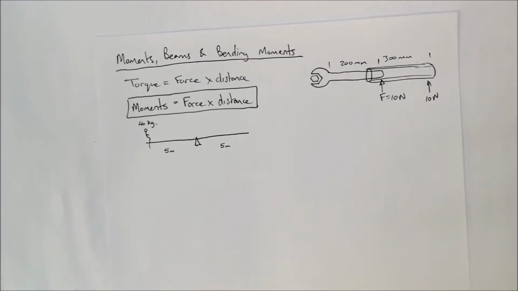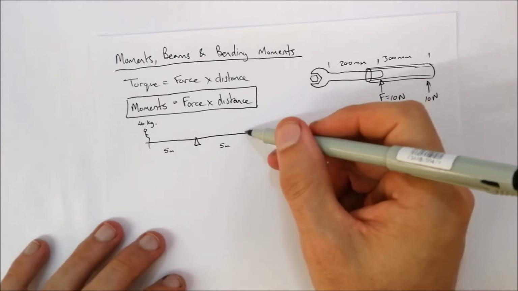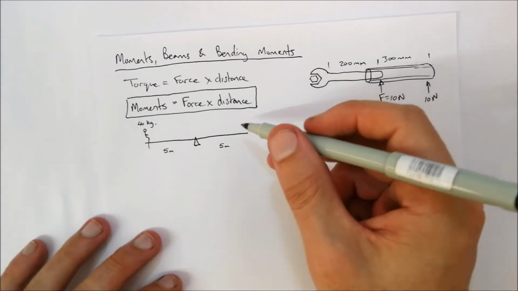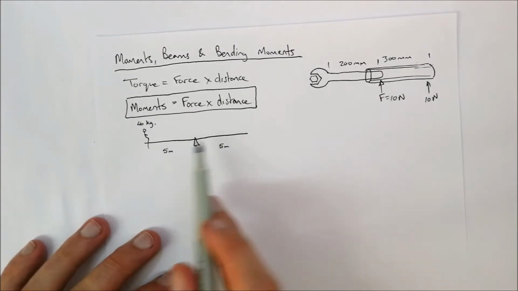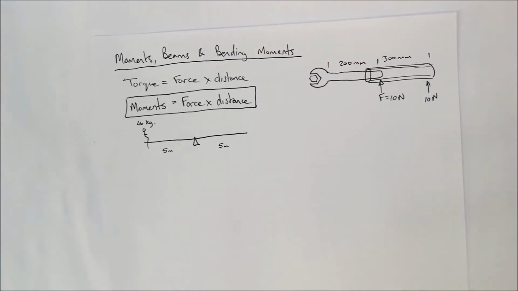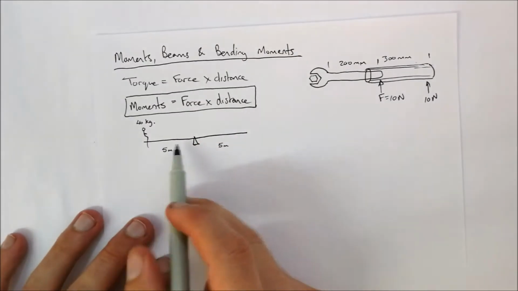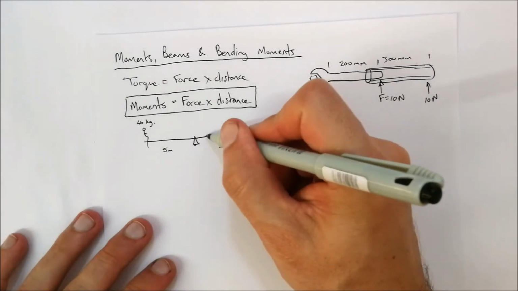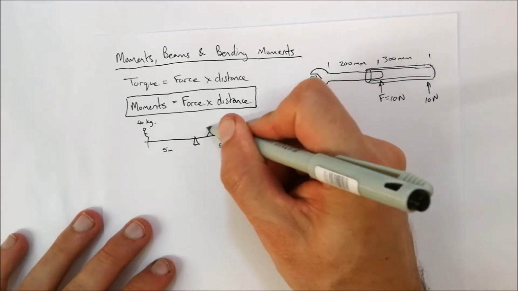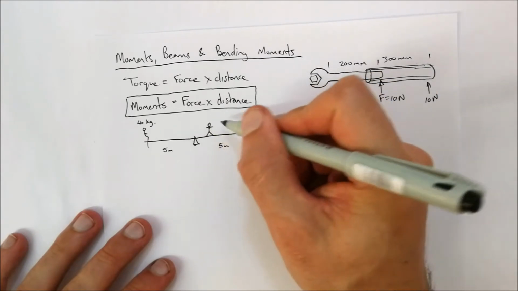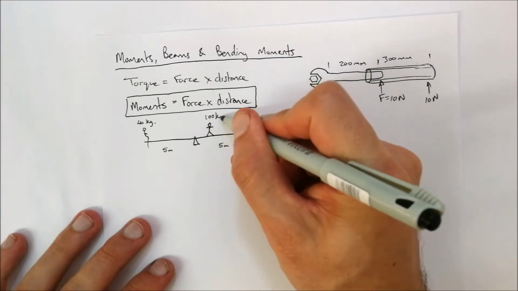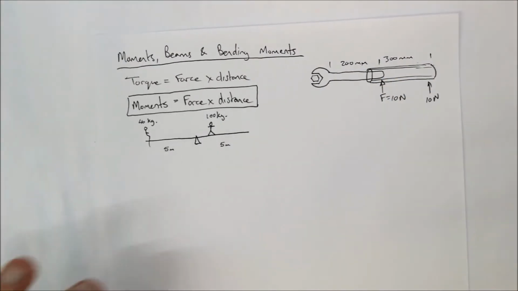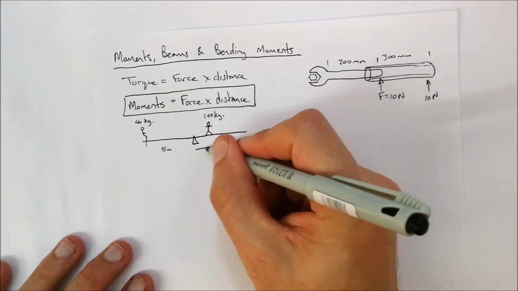If another kid had to sit on this side and they weighed 40 kgs, that would cause this seesaw to be balanced. But now you get an adult, maybe, and they weigh 100 kgs, and for this seesaw to balance, they would have to stand over here. How far away from this pivot point would they have to stand?